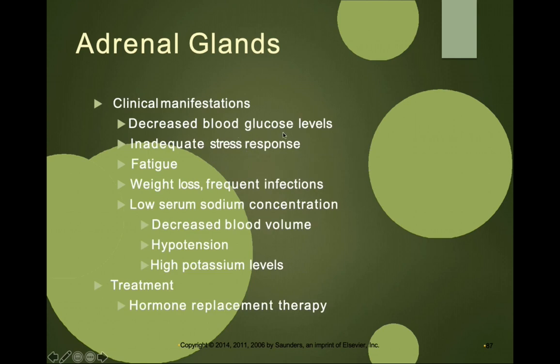This decreases blood glucose, inadequate stress response, fatigue, weight loss, frequent infections, hypotension due to the decreased blood volume, high potassium levels, and here we need hormone replacement therapy for sure.